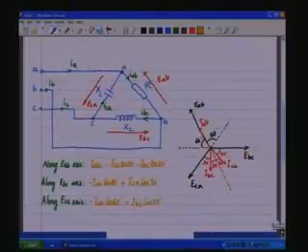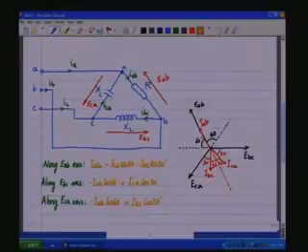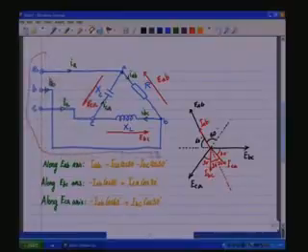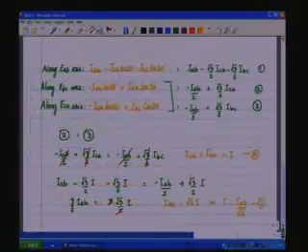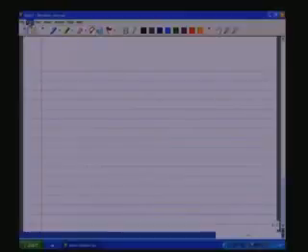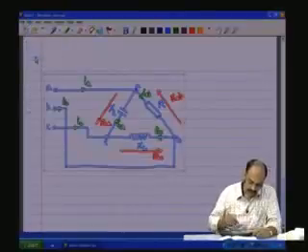If we go back here, let us try to find what should be the values of the capacitive reactance and the inductive reactance. Copy, paste.